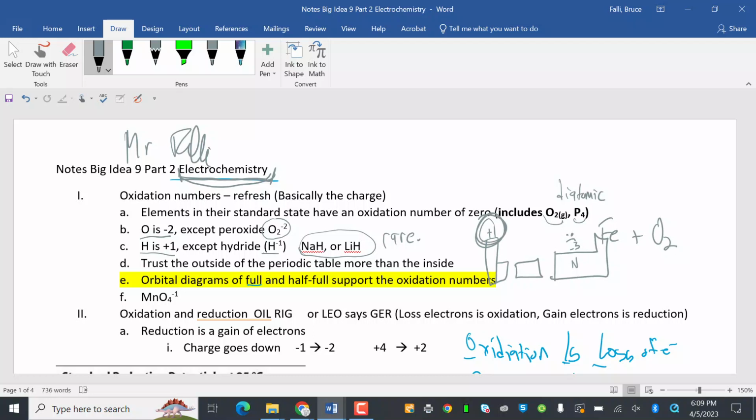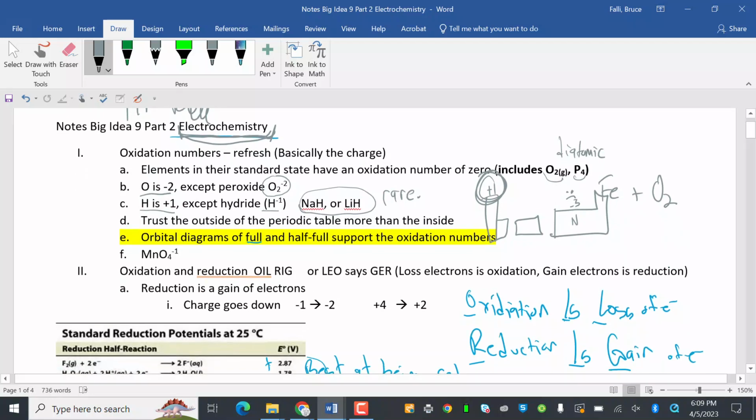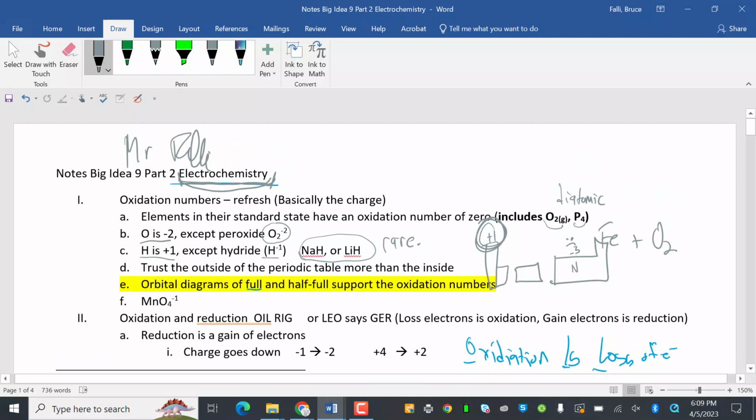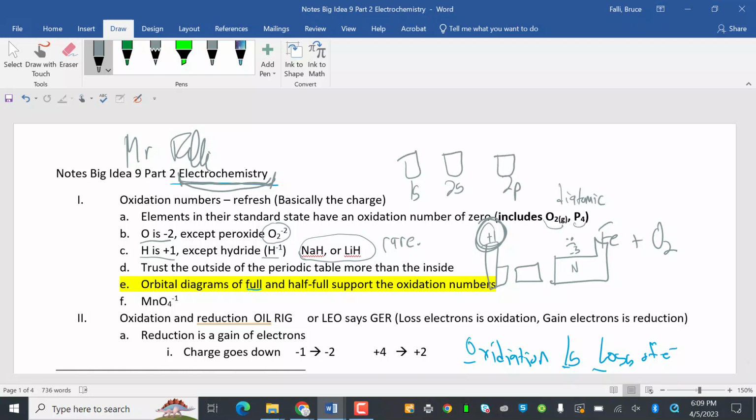Okay, orbital diagrams of full and half full will support the oxidation numbers. So, for example, if I have nitrogen, I'll pop it up here. So orbital diagrams, 1s, 2s, 2p, nitrogen has 3.